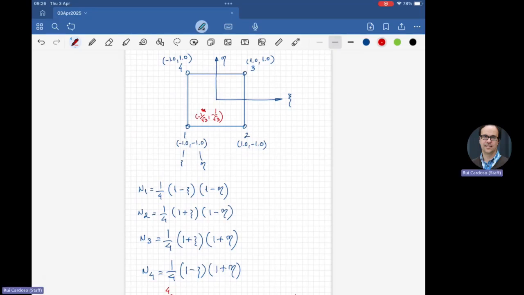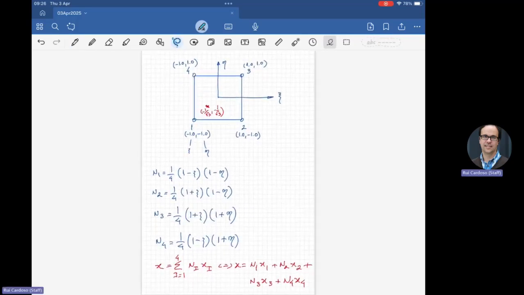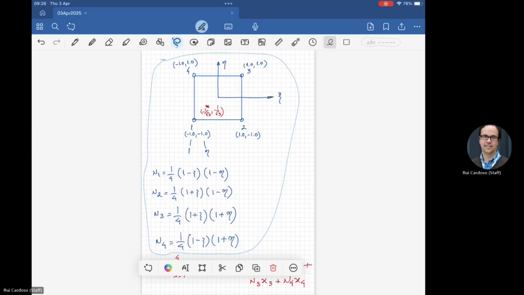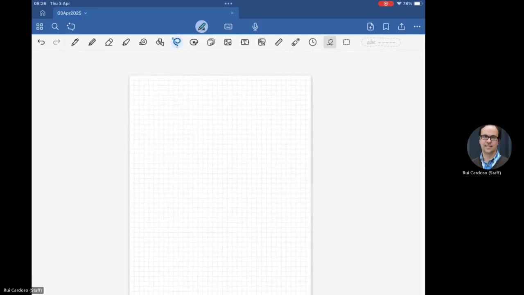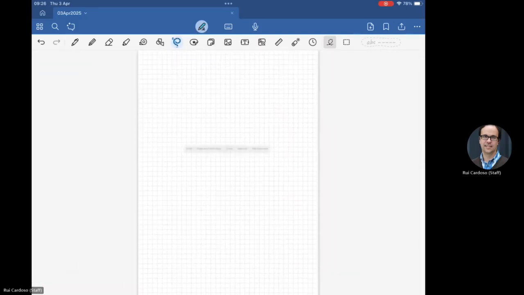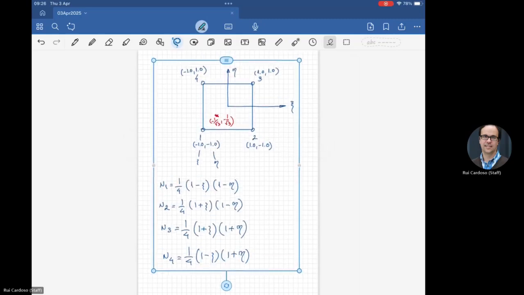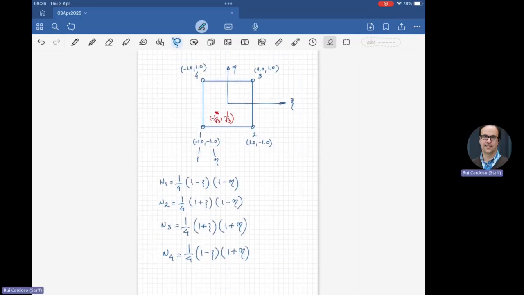Now, these shape functions have some properties which are important. I'm going to show you some properties of these shape functions.